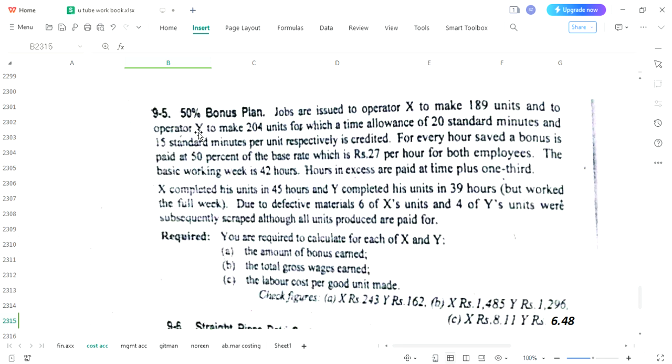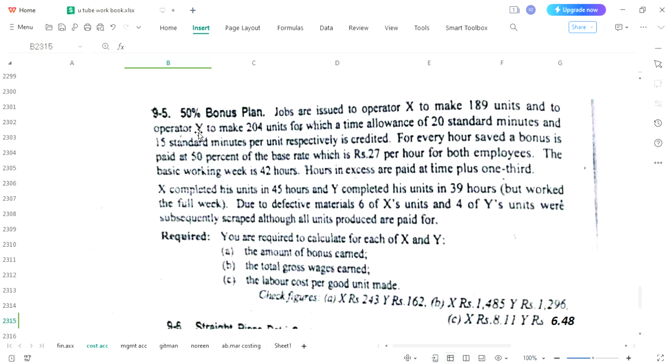Standards would be different, their wage rate might be different, their number of units manufactured might be different, their standard time can be different, their standard production can be different. So we will solve them as two questions.